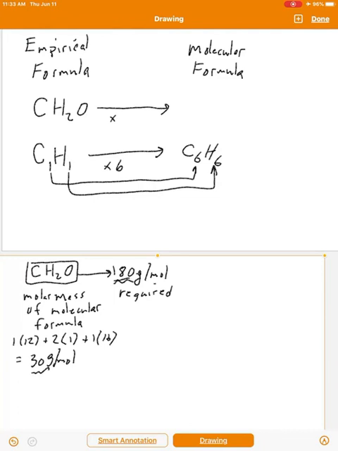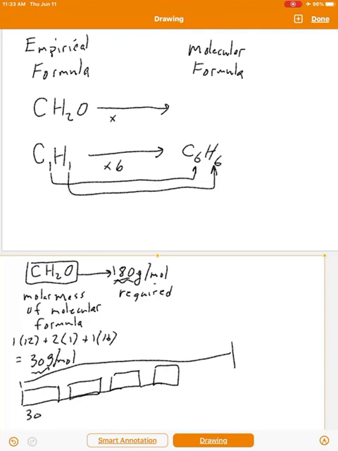Okay? I like to use the analogy of a train. If you were to say, look, this train has a certain number of cars, and one of them weighs 30, but you're then told that the whole thing weighs 180, right? How many cars do you have?